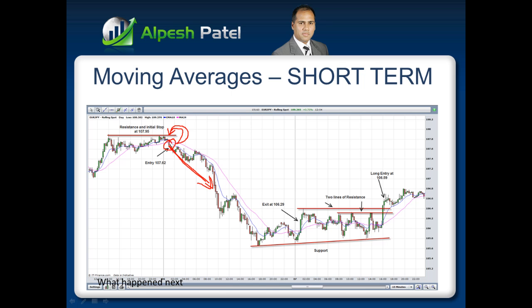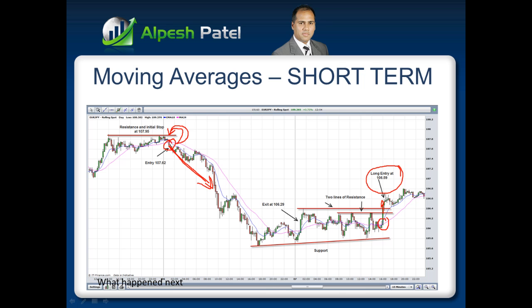Another way in which traders will often look to enter is when the price does break through a resistance. They'll say, look, if it's gone through resistance, especially two lines of resistance as it has here, then that's a good point at which to do a long entry, especially if they get confirmation from the moving average, the shorter term going through a longer term moving average.